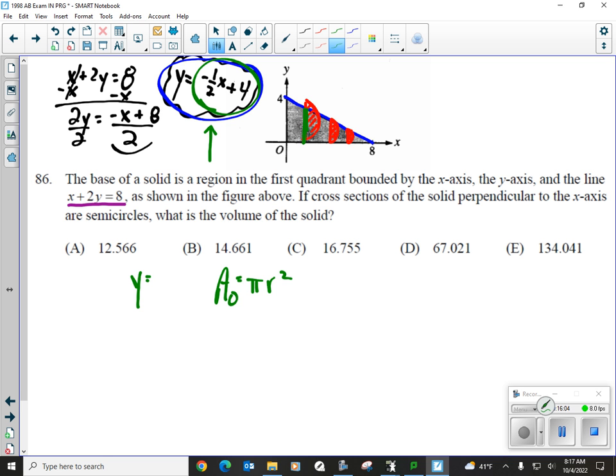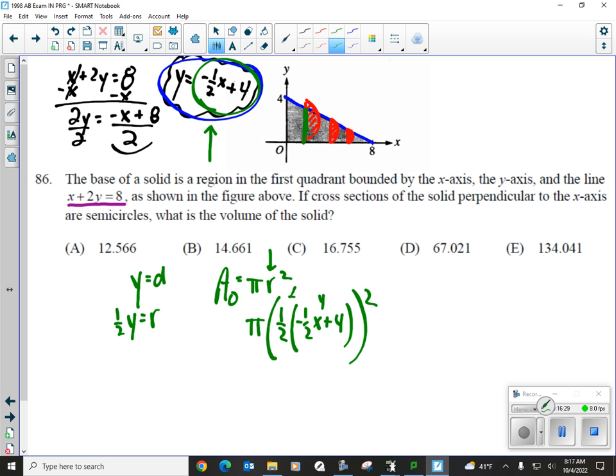If my y equation is my diameter, then half of my y is my radius. And that's what I'm going to have to put right here. So it's pi times 1/2 of negative 1/2 x plus 4. This is half of y. So I need to square that. Pi r squared, this is the area of a circle. Keep in mind, these are semicircles.